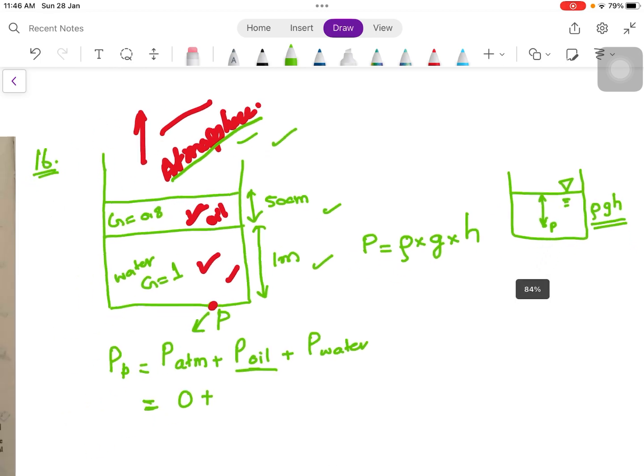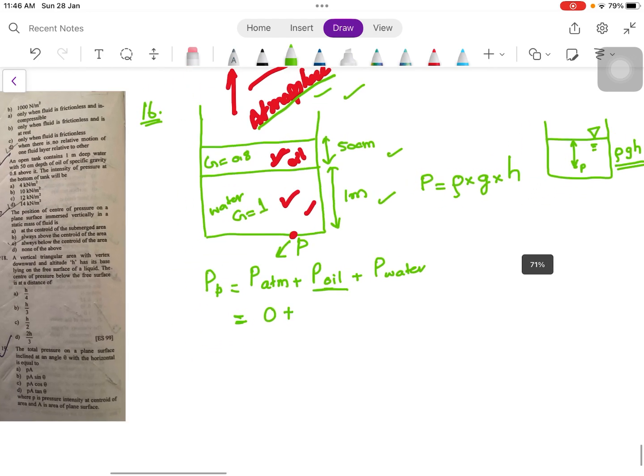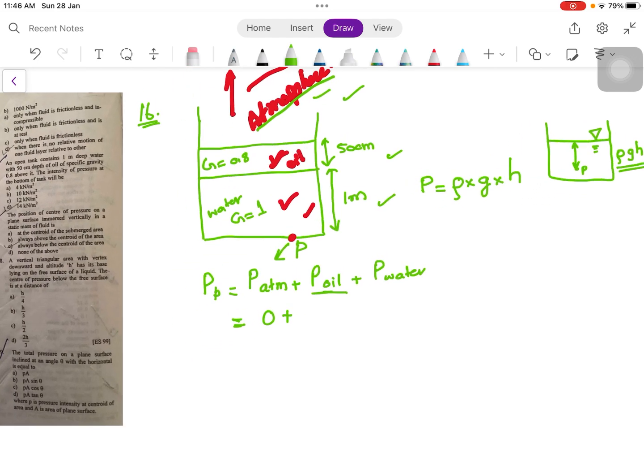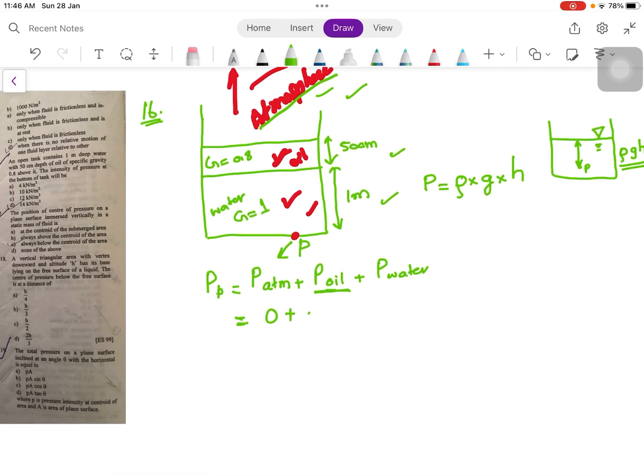All right, so the pressure at point P due to the layer of oil would be equal to the density of oil times the acceleration due to gravity times the depth of this fluid layer, this oil layer.